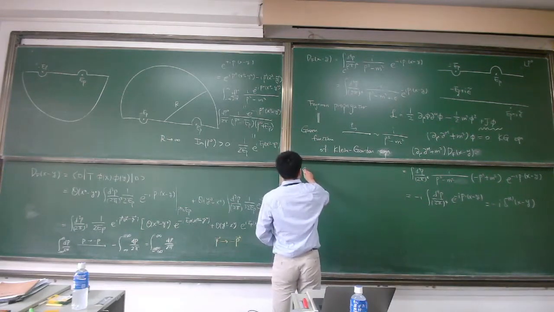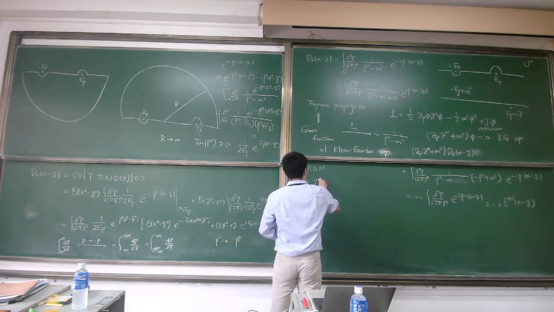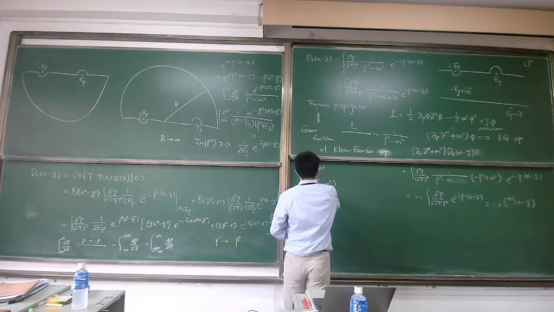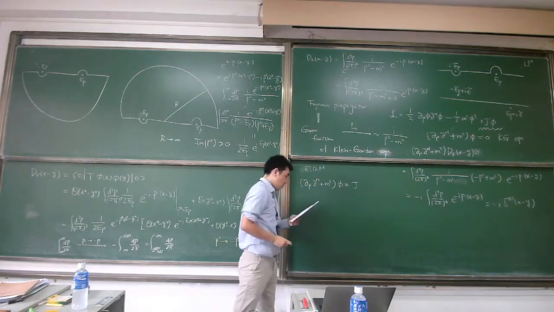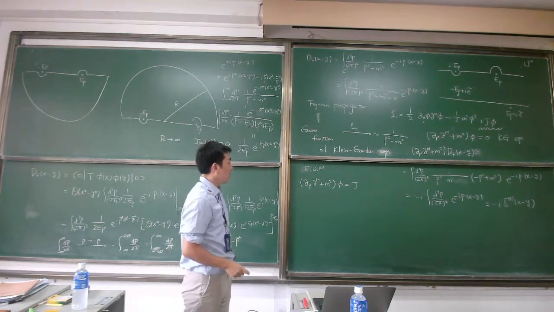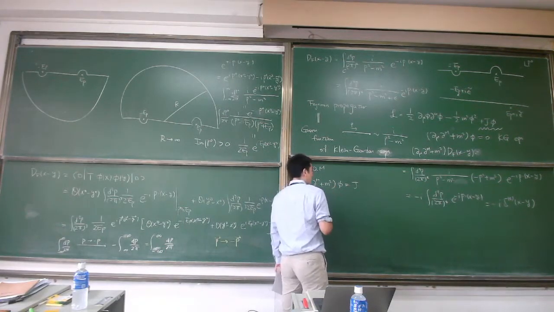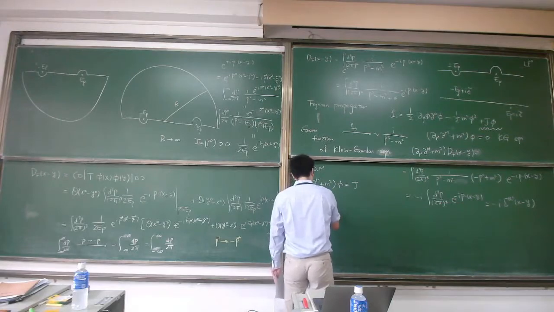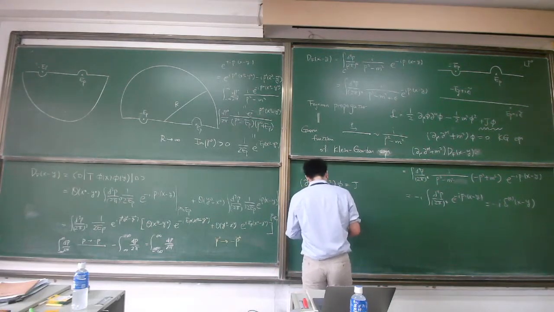The Klein-Gordon equation will change this way. Then the classical solution of this equation can be written as follows.